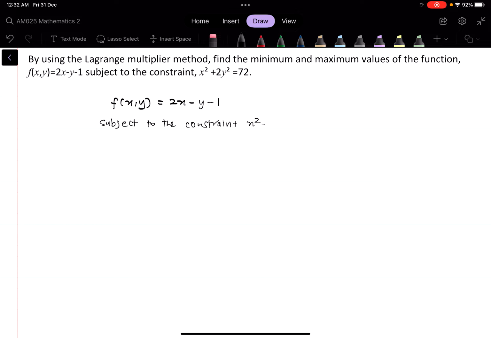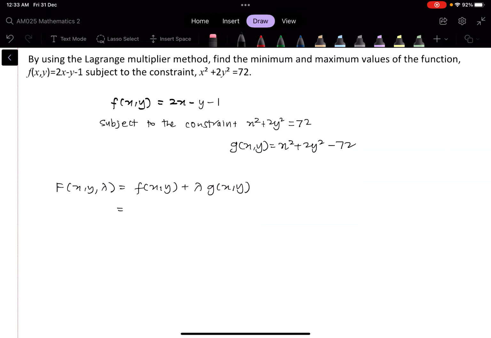x squared plus 2y squared equals 72, or we may write it as g(x,y) equals x squared plus 2y squared minus 72. So let us form the new equation F(x,y,lambda) equals f(x,y) plus lambda g(x,y).